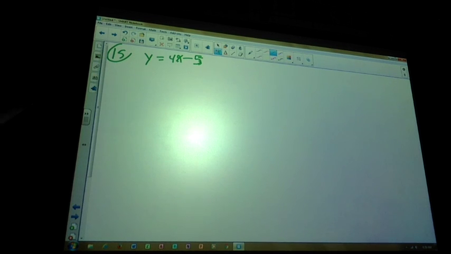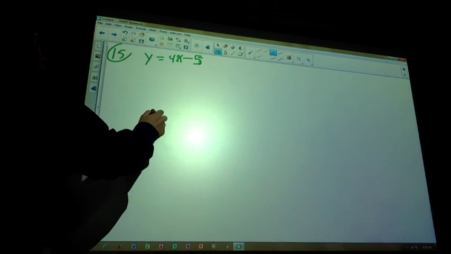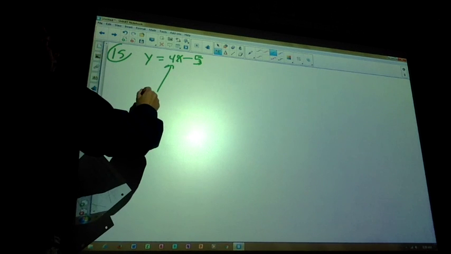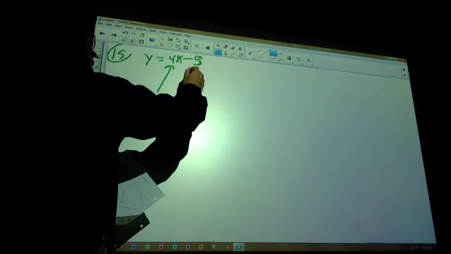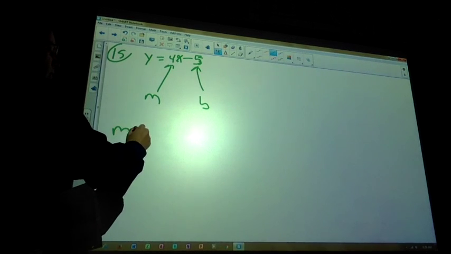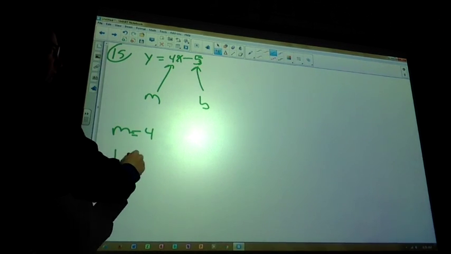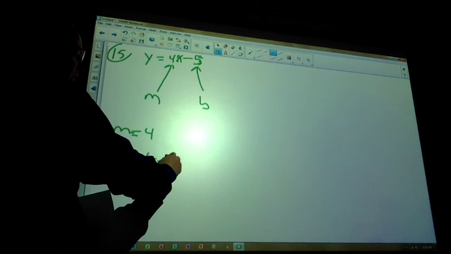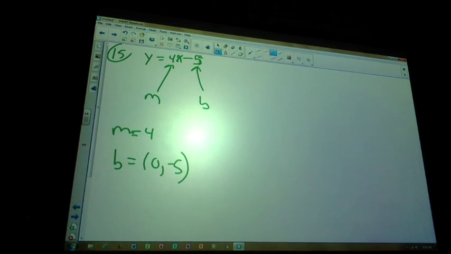Okay, so let's identify the slope. That's my slope, that's my y-intercept. So my slope is equal to 4, and my y-intercept is equal to the point 0, -5. I just put it in 2 different ways to think about it.